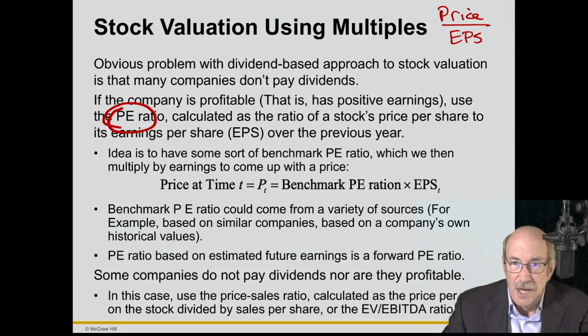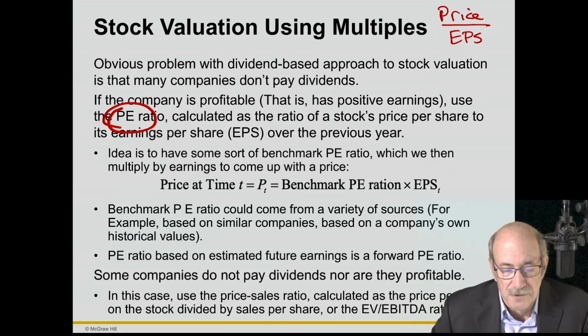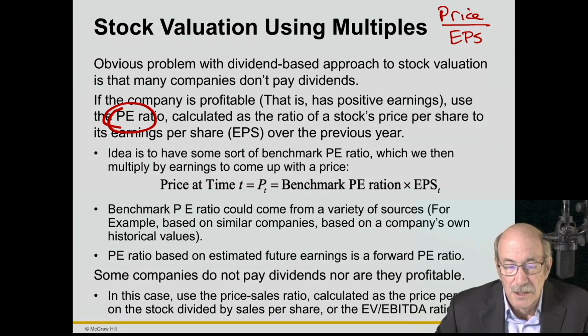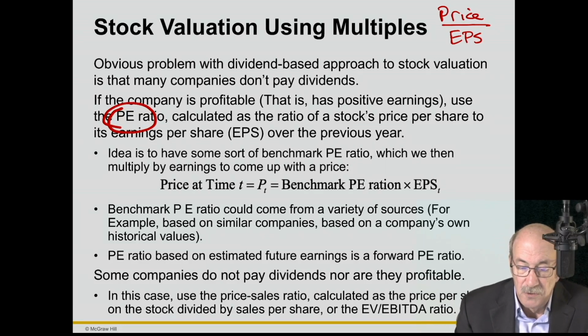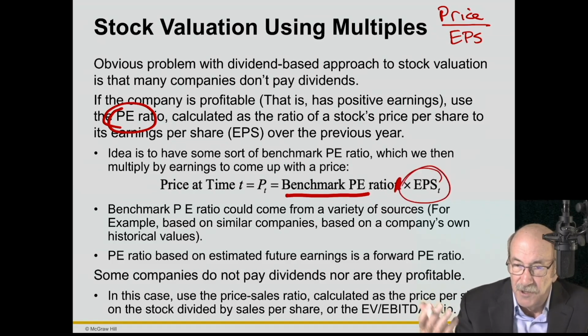Now, how do I actually do this valuation? Well, the valuation itself is quite elementary once we understand what's going on. All we do is we take our benchmark PE ratio, that shouldn't be there, that N, and we multiply it by the EPS of the company, the next year's EPS.